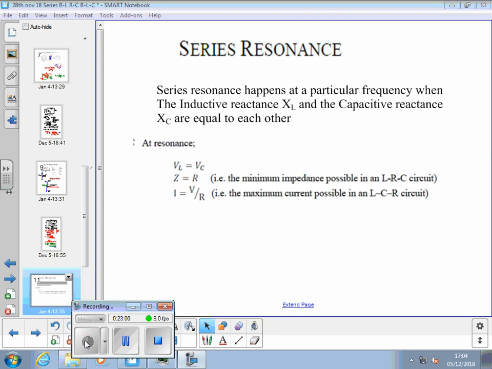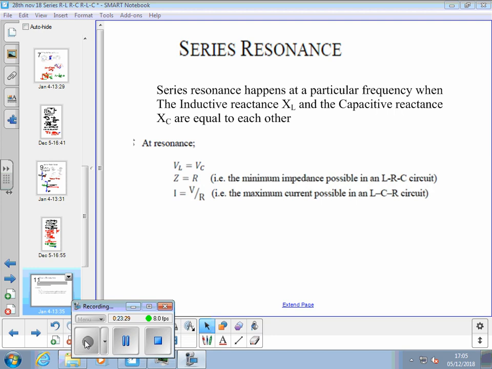Right. So moving on, final little bit. Series resonance. Series resonance happens at a particular frequency for a given RLC combination, when the inductive reactance XL and the capacitive reactance XC are equal to each other. We already talked about how, as frequency changes, one reduces and the other increases.